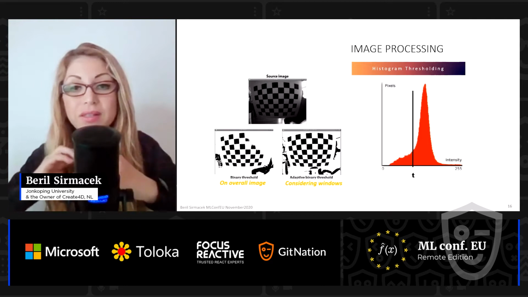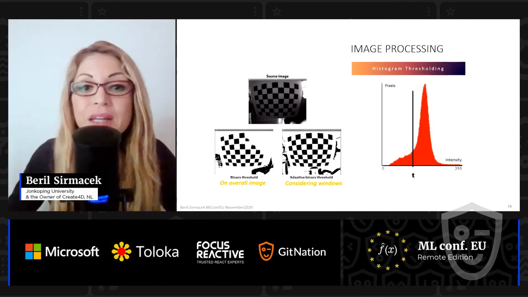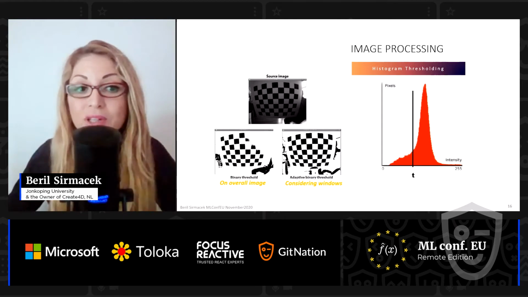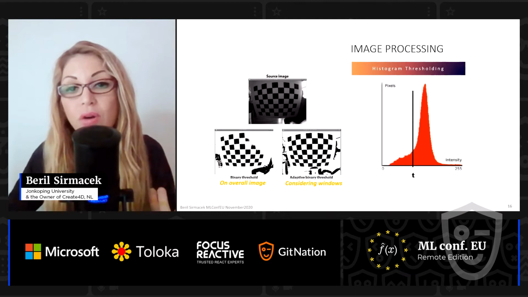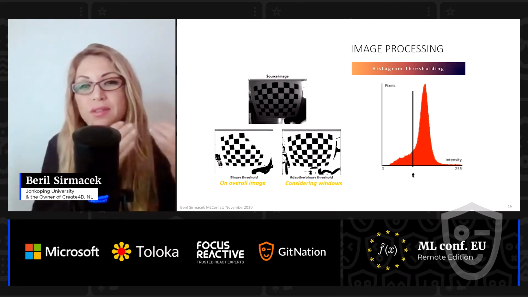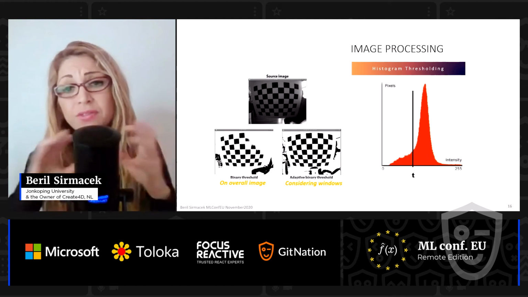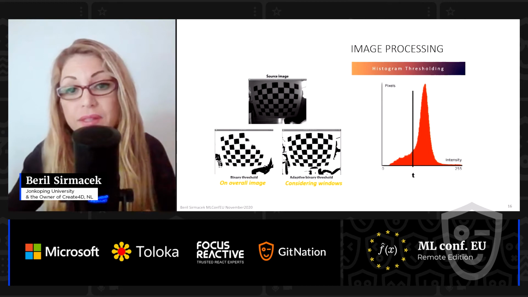We can use the histogram for segmenting objects as well. We can do this segmentation by looking at the histogram of the overall image, or we can look at small windows and choose different thresholds if the brightness is fluctuating a lot within the image.